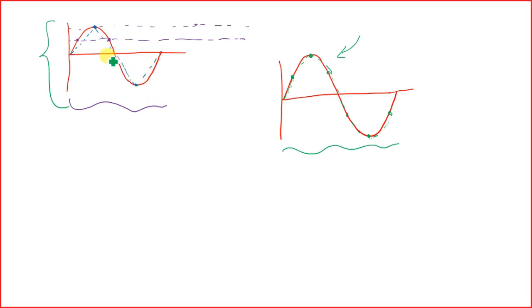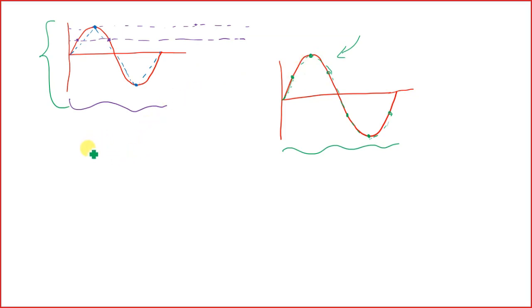This phenomenon where you can have misinformation about a signal if you have not discretized the signal using sufficient points is called aliasing. And how can you prevent aliasing?